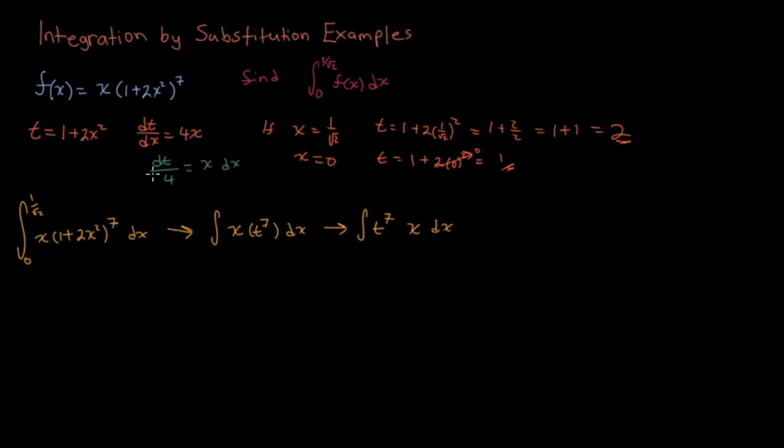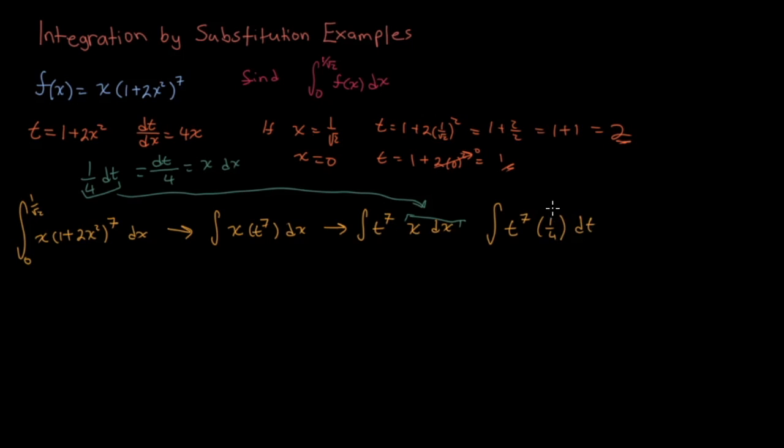Now we can substitute this dt by 4, which you can also write as 1 over 4 dt, back in for x dx. That will give us t to the power of 7 times 1 over 4 dt.